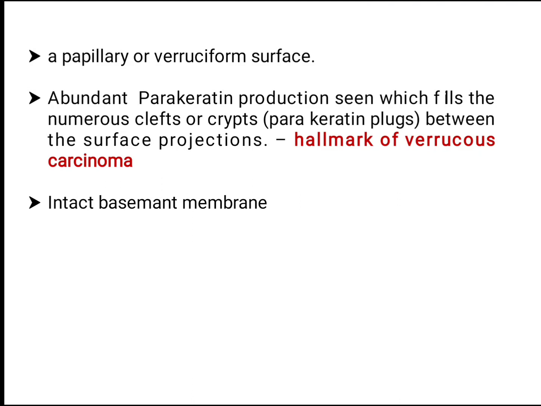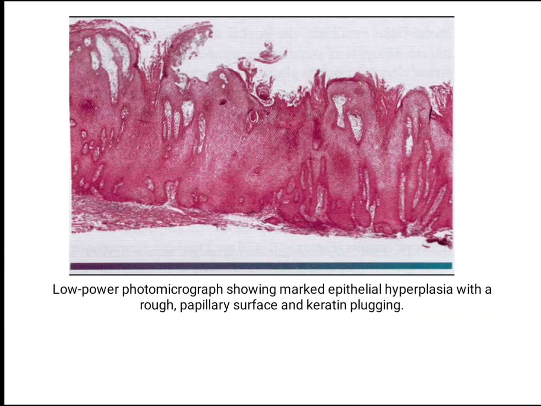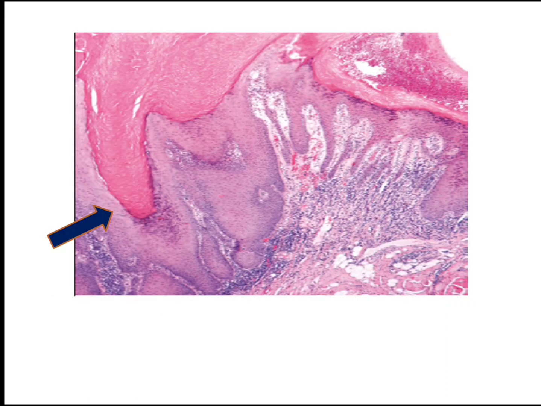Okay, I'll show you the photomicrograph, and what we will see, intact basement membrane. So in this photomicrograph, what we will see? We will see the papillary growth of the epithelium, and if you see the rete ridges, we will see the broad rete ridges. Okay, in this photomicrograph, we will see parakeratin plugging.